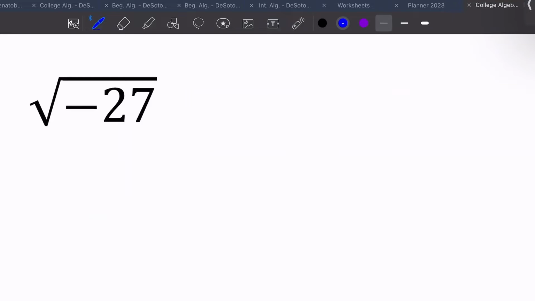I also could have something like the square root of -27. All right. 27 isn't going to give us just a whole number when we take the square root of it. It is not what I like to call pretty, as 64 and 49 were, but we can still break this up into -1 and numbers of 27 that would help us out, like 9 and 3. 9 times 3 is 27, and 9 is a pretty number.